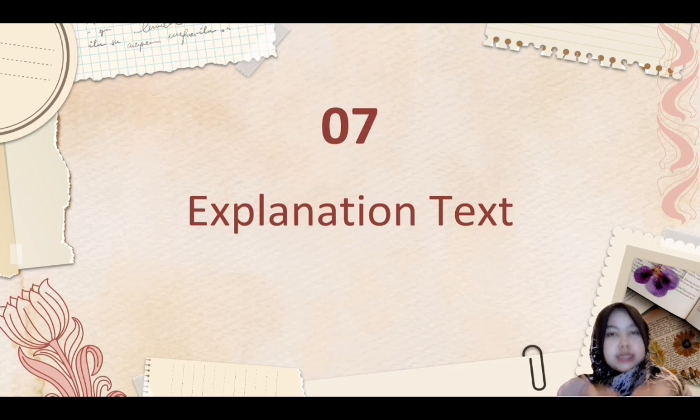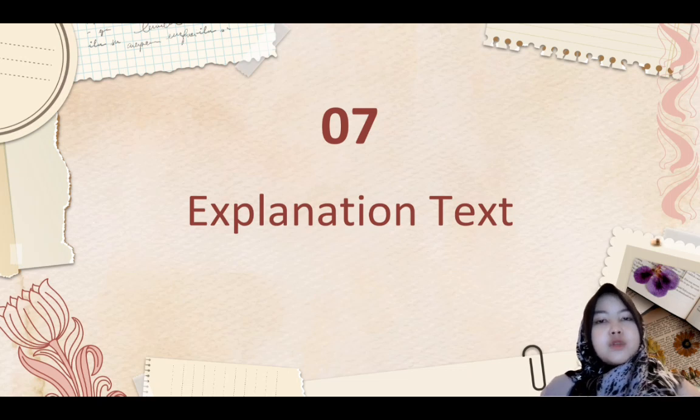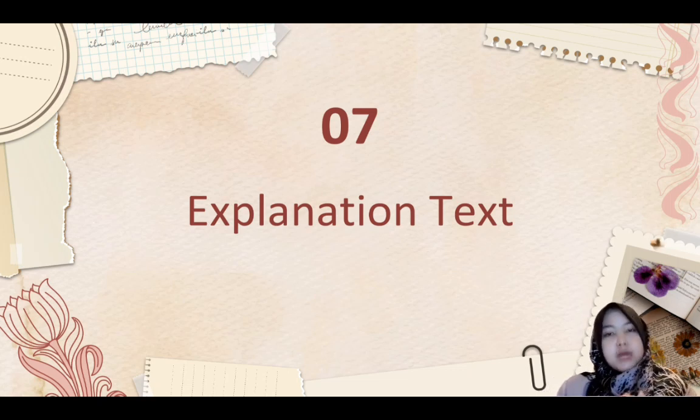These texts can be found in various forms, including instructional manuals, educational articles, science explanations, and how-to guides. The primary purpose of an explanation text is to impart knowledge and understanding by answering questions like how and why.